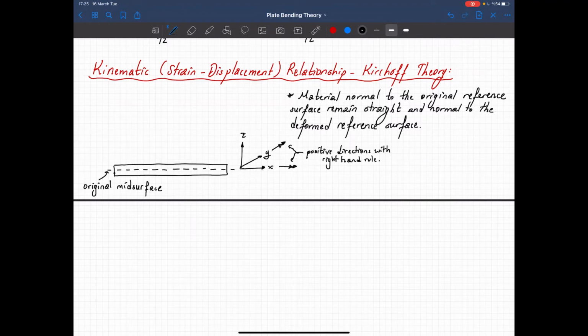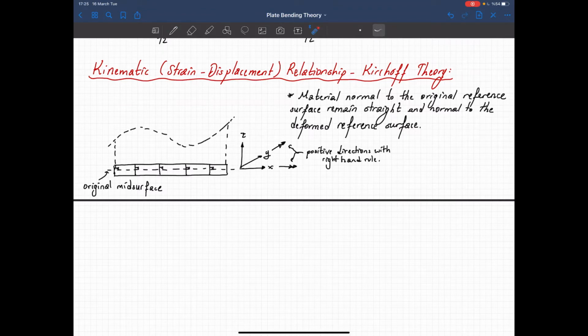Okay, now let's say that our element deformed in the z direction, and the new mid surface has a shape like that. So let's show some material axes here. They are all perpendicular initially to the original mid surface.